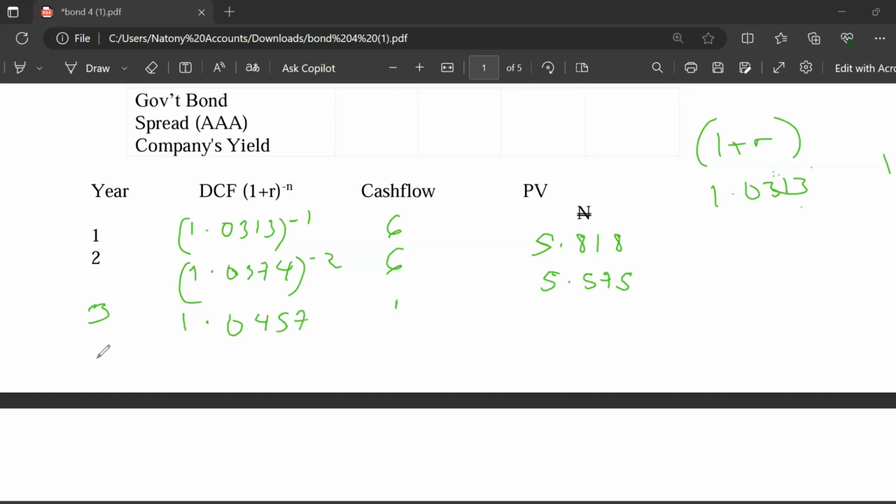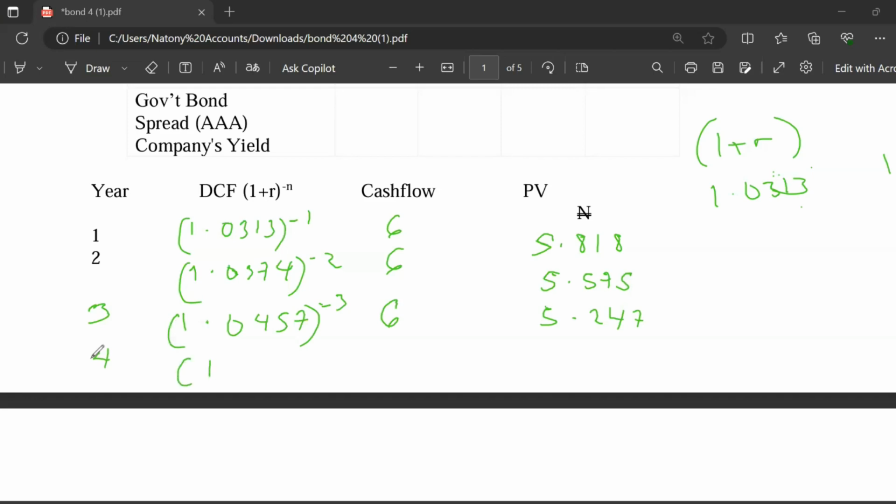And your cash flow still remains 6 naira raised to power minus 3. When multiplied, that will give 5.247. So the final year, year four, the spread for year four is 5.49.